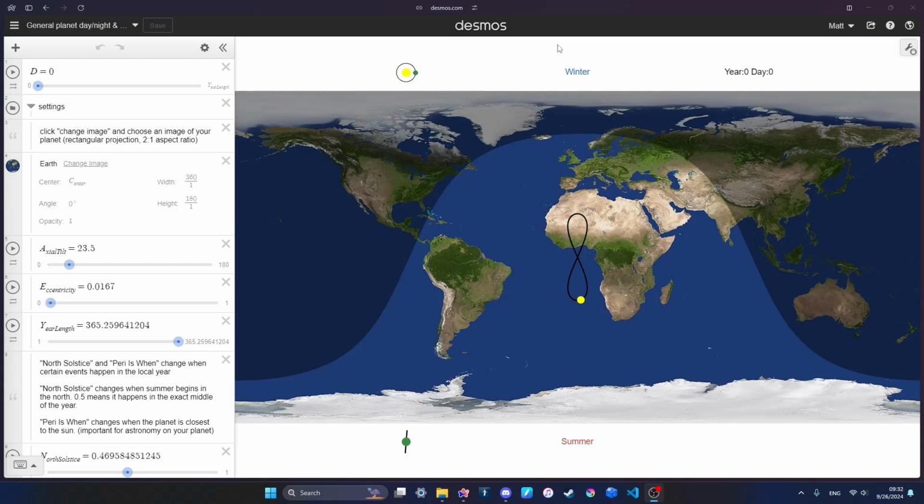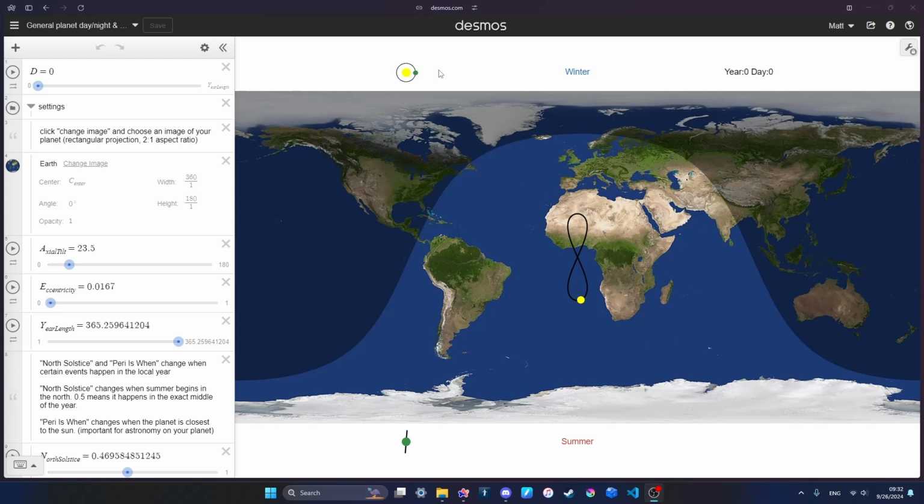But because the rotational speed is the same, when you're over here hardly moving at all, the Earth basically has to do a 360 turn. But if you're over here and going really fast, then it has to make a more than 360 degree turn, which means that the sun changes position east and west.